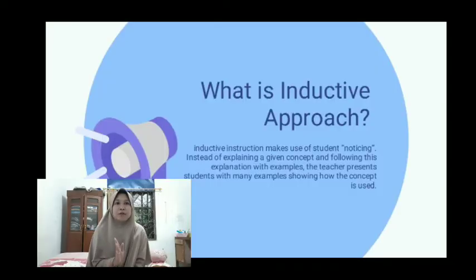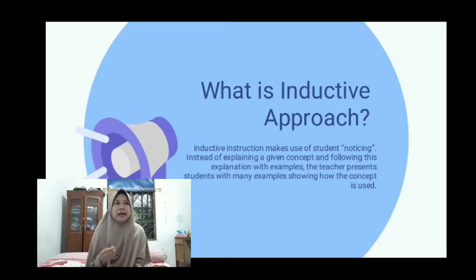The definition of inductive approach. Inductive instruction makes use of student noticing. Instead of explaining a given concept and following these explanations with examples, the teacher presents students with many examples showing how the concept is used.